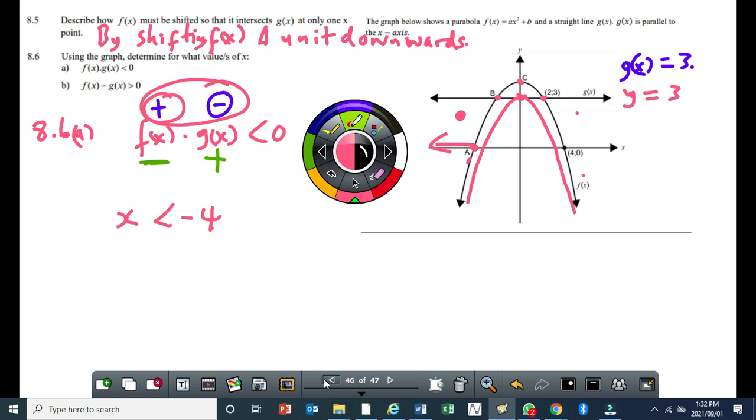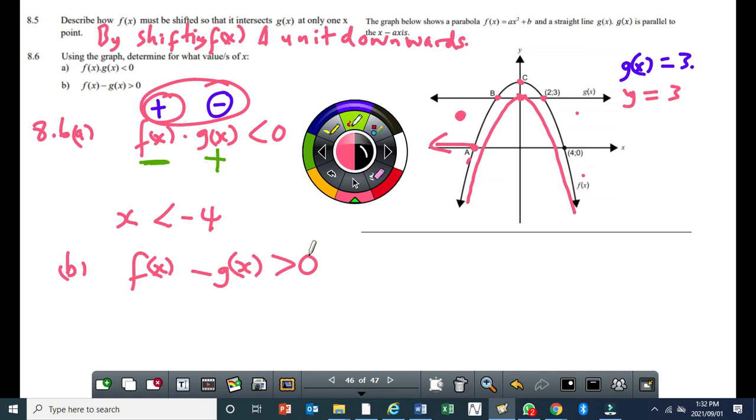8.6b. Alright, so we have f of x minus g of x must be positive. What this means is the graph of f minus the graph of g must give us a positive answer.